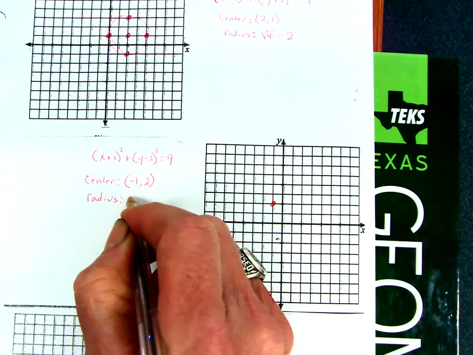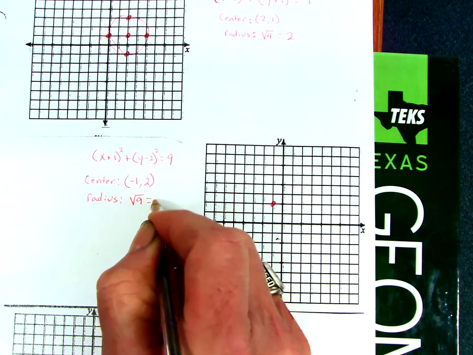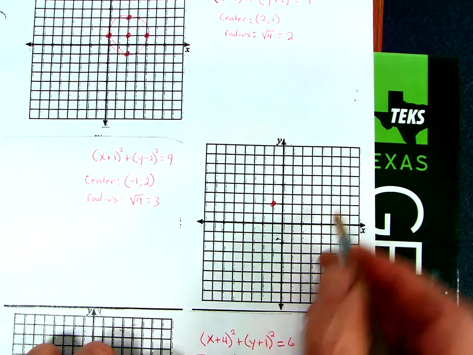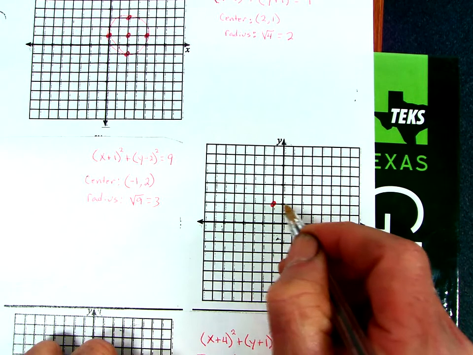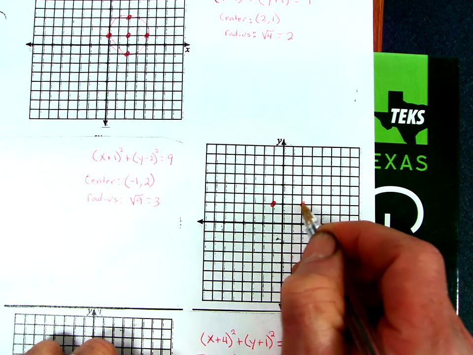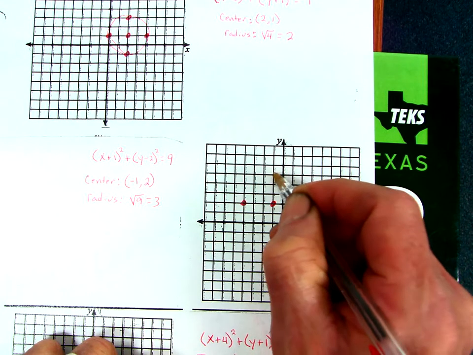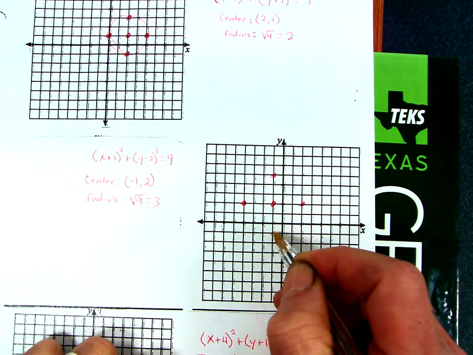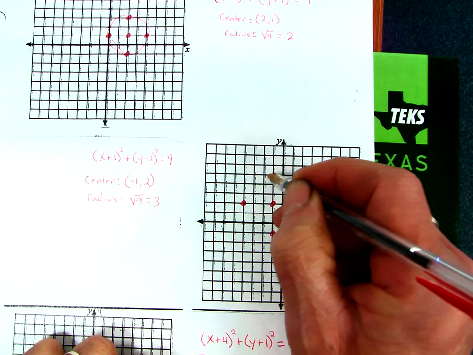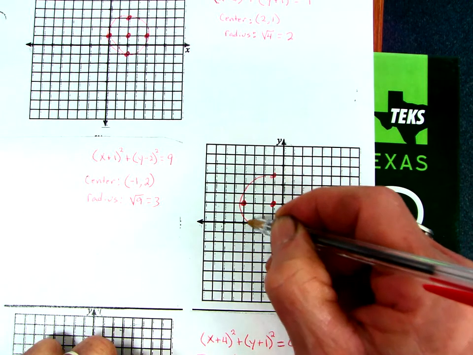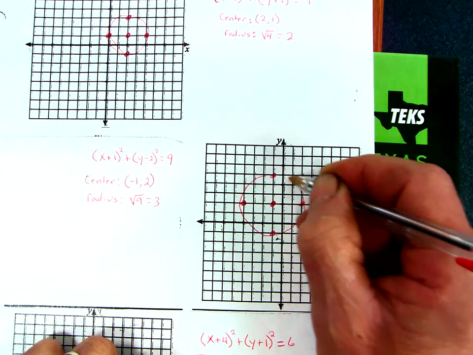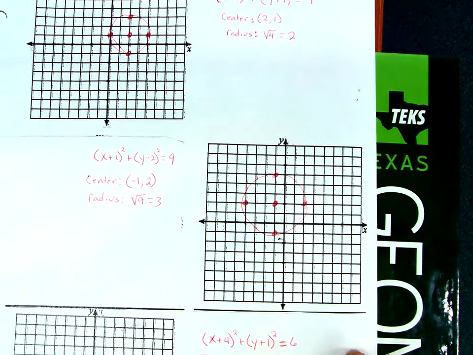That's going to equal square root of 9, which is 3. So from my center point, go 3 to the right, 3 to the left, 3 up, 3 down, and draw your arcs to complete the circle. Beautiful, beautiful.